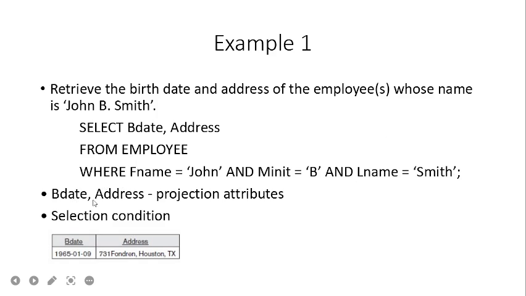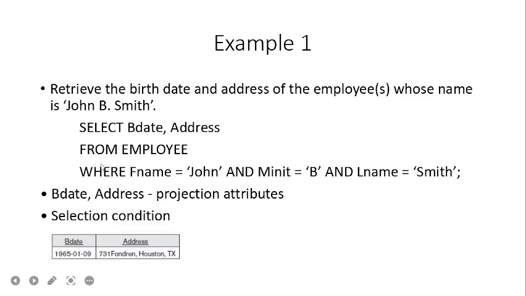Bdate and address are known as the projection attributes. They are the attribute list: select bdate, address. And where is the selection condition, that is fname equal to John, middle initial equal to B, and lname equal to Smith. These conditions are known as the selection condition.